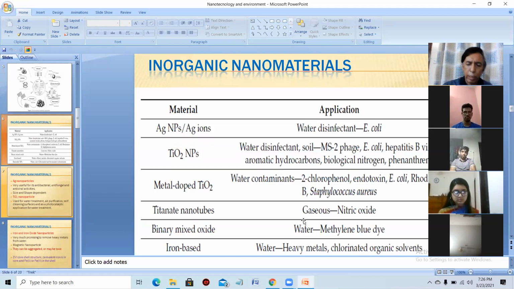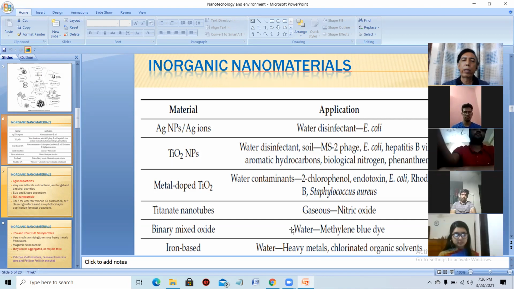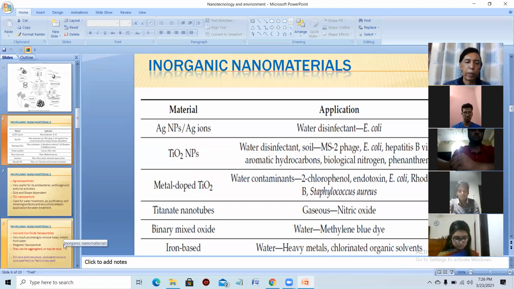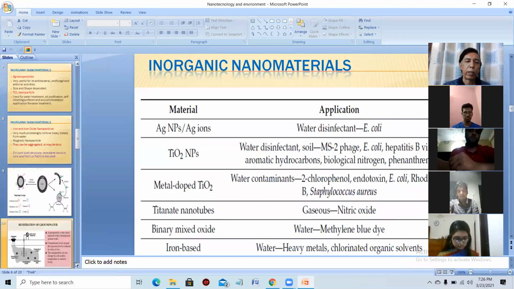So there are different types of metal doped titanium oxide nanoparticles that are used as inorganic nanoparticles.